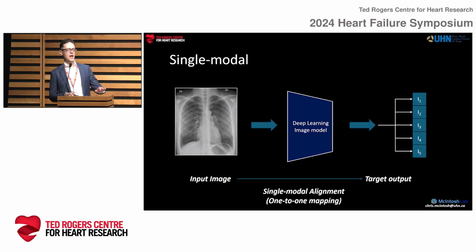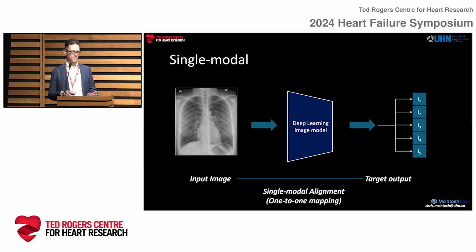All we really need to understand is that single modal learning, so how we think of most machine learning prior to the last few years, is really you have, for example, an input image, like an X-ray. It goes into that deep learning black box, and out of it comes a vector of numbers. So these could be 5 different numbers representing the probability of 5 different diseases for the patient.